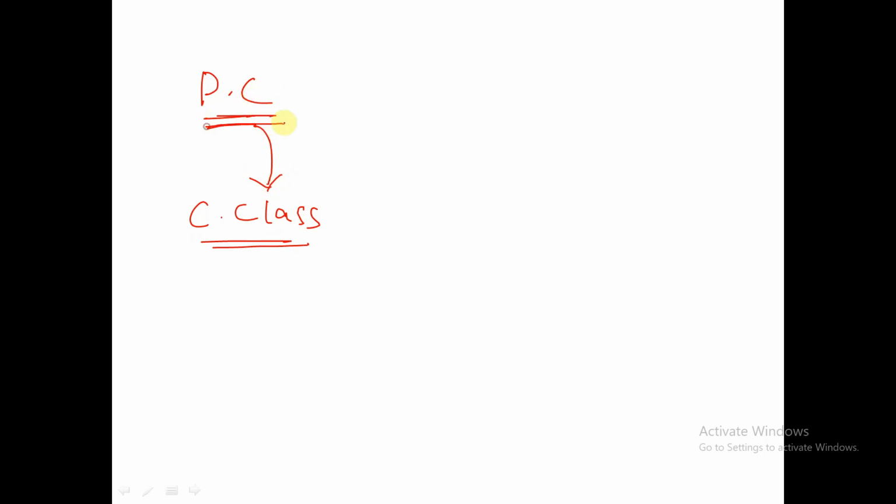So the properties or the methods which are declared inside this parent class can be accessed by this child class and can be modified by this child class. But the properties or methods which are declared inside this child class are not accessed by this parent class, and they cannot be modified by this parent class also.